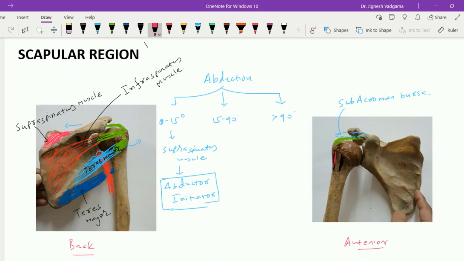The pectoralis major muscle inserts on the lateral lip of the bicipital groove. The teres major muscle inserts on the medial lip of the bicipital groove, while the latissimus dorsi muscle inserts within the floor of this bicipital groove.